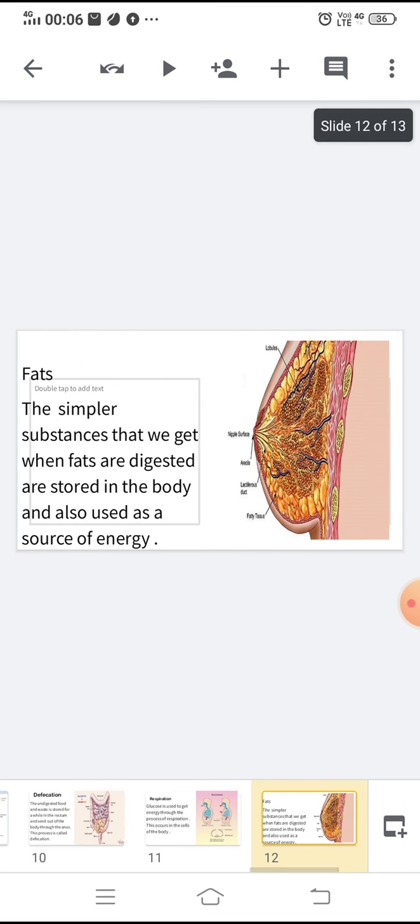The second one is fats. The simplest substances that we get when fats are digested are stored in the body and also used as a source of energy. What is the source of energy? Fats.